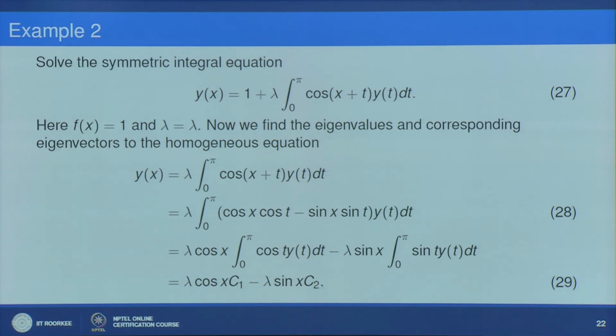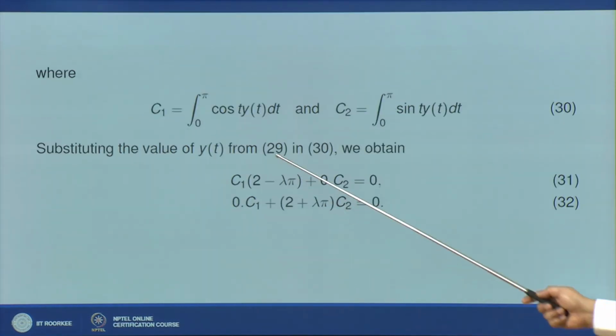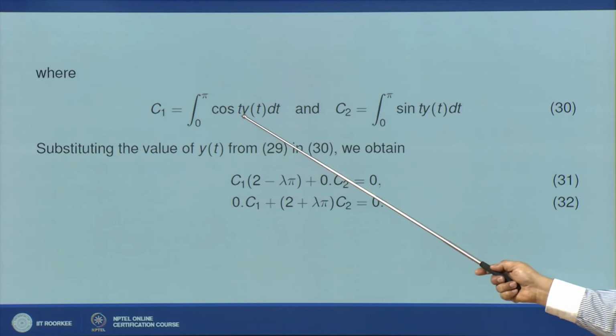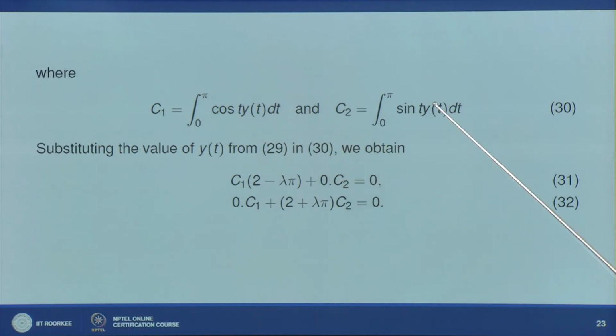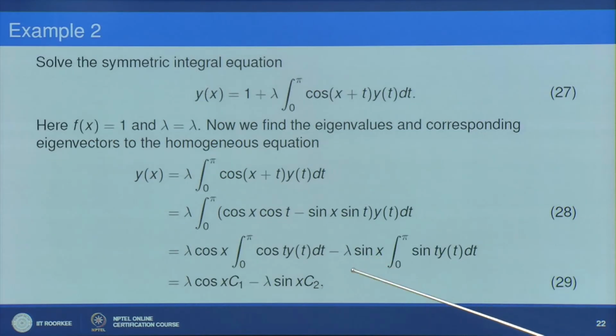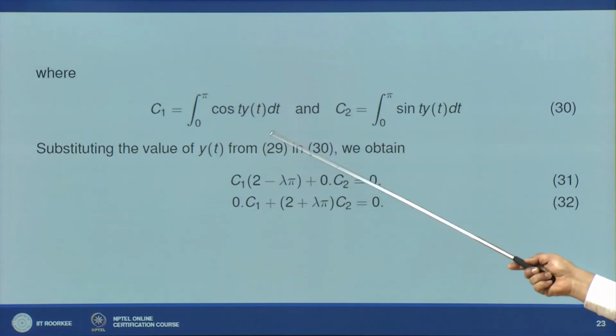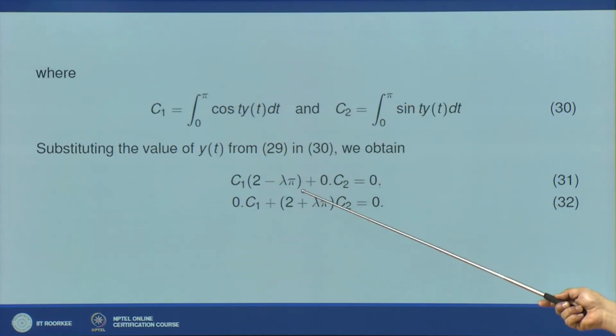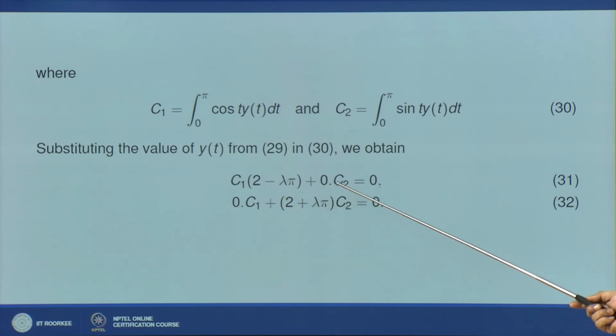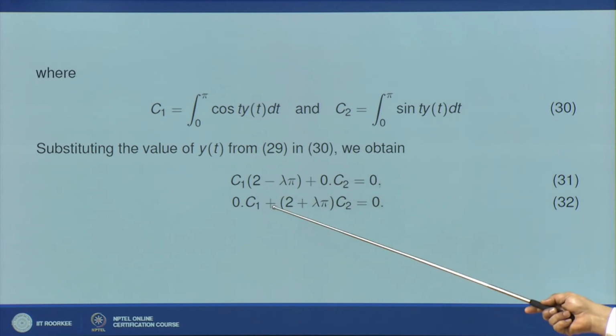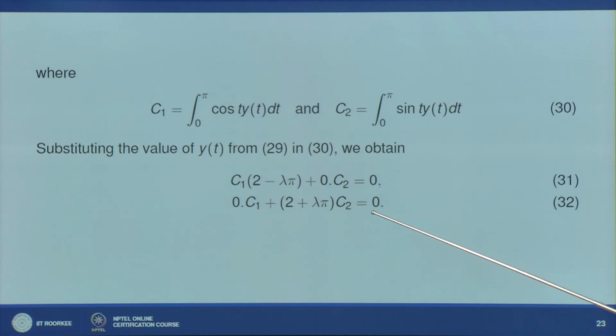Here we already know that C1 is the integral from 0 to pi of cos t y(t) dt and C2 is the integral from 0 to pi of sin t y(t) dt. You already know the solution y like this. So from this you can calculate y(t), put it back into C1 and C2, and you get these two equations, equation number 32.